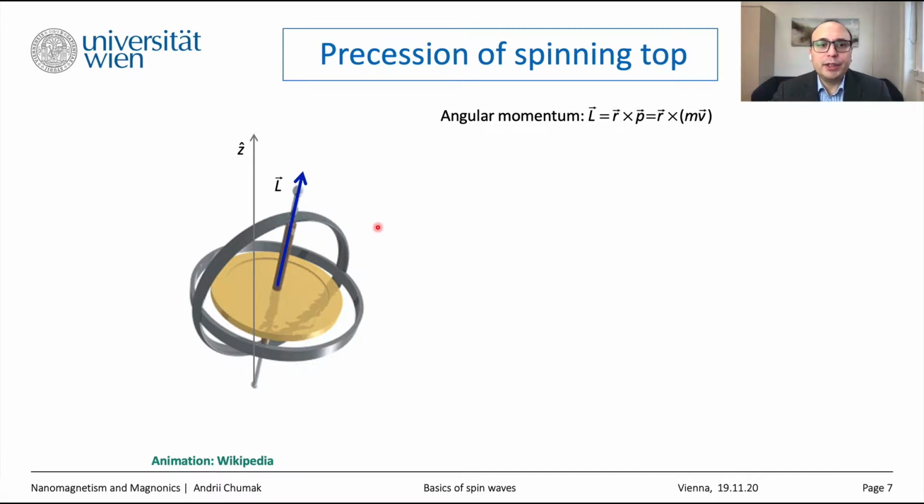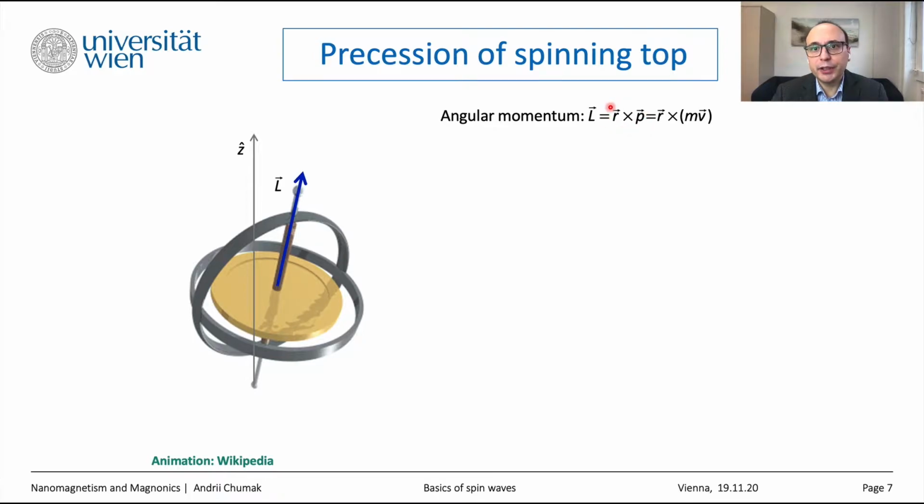Then as soon as this disk rotates, we can introduce such a physical parameter, which is named angular momentum. You know that momentum p is nothing else than mass times v, velocity. So we take some point, it moves, it has linear momentum, and then we just multiply this linear momentum with a coordinate vector r, like it's shown here.